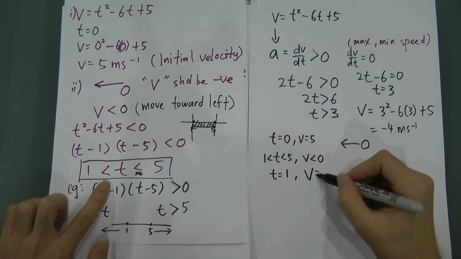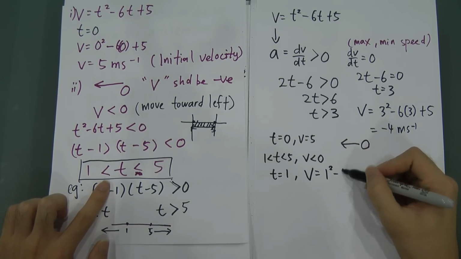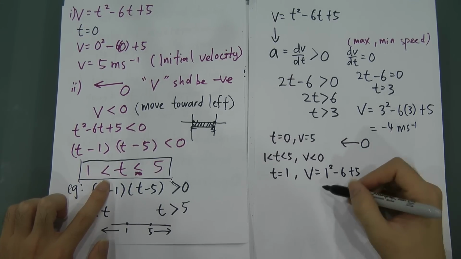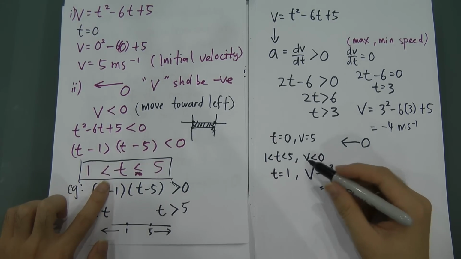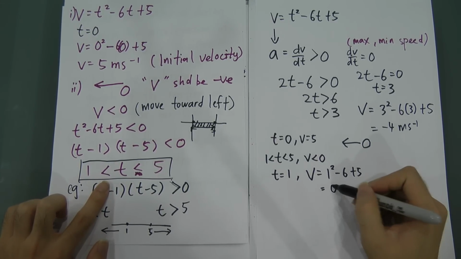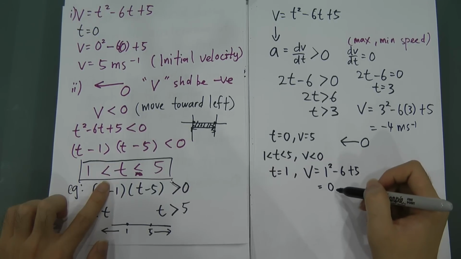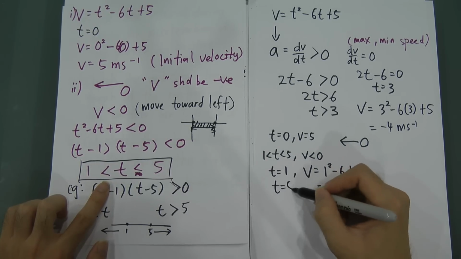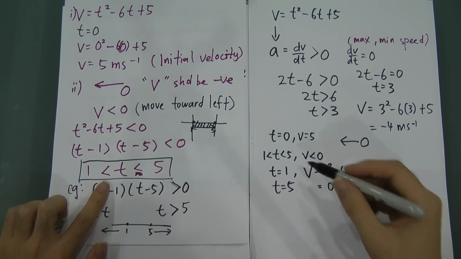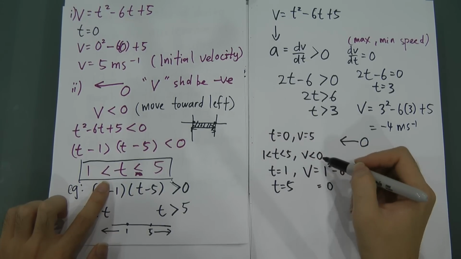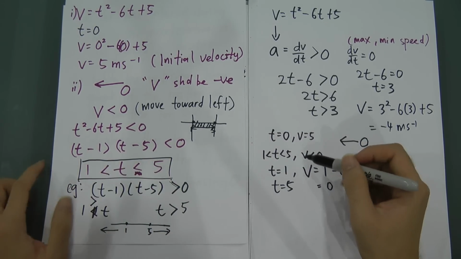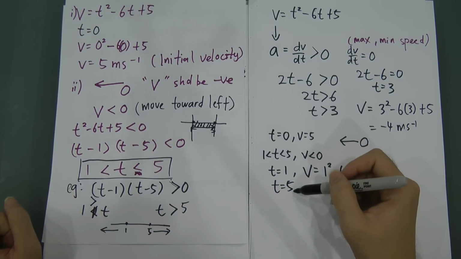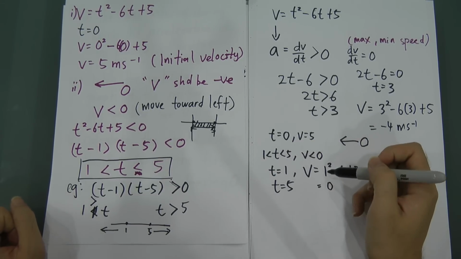V equals 1 squared minus 6 plus 5, so that equals 0. When t equals 1, it equals 0, and when t equals 5, it equals 0, because V smaller than 0 means we did the equation assuming it equals 0. So in the first second and the fifth second, the velocity will be 0.